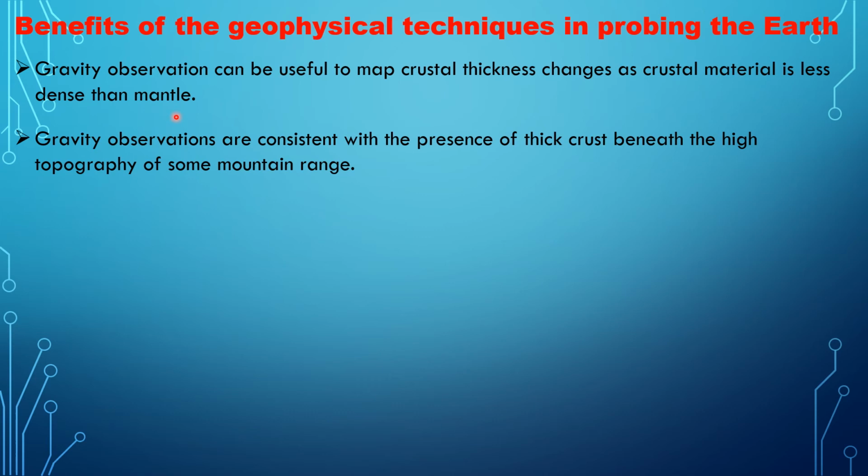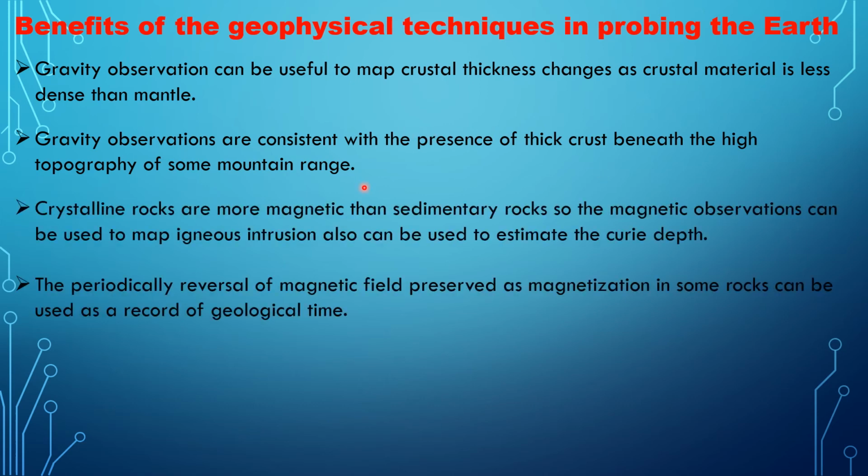So if we employ the gravity method, with the density change, that means delta rho, by seeing the anomaly, we can map the crustal thickness changes from crust to mantle. They are also consistent with the thick crust beneath the higher topography of some mountain ranges. The crust's thickness and thinness vary between continental crust and oceanic crust, as the previous slides have depicted.